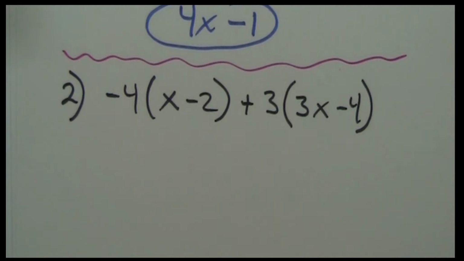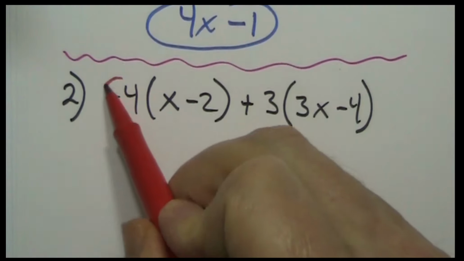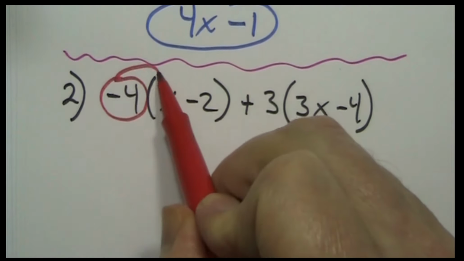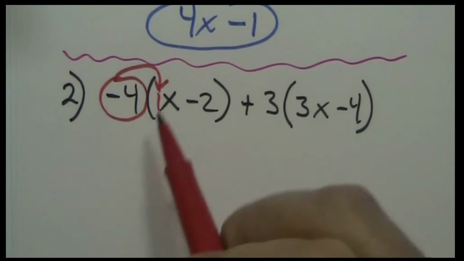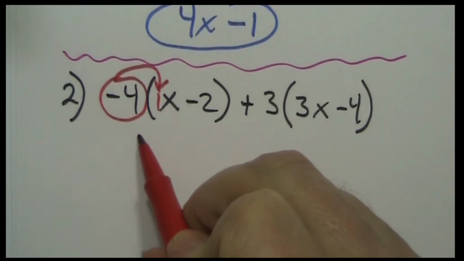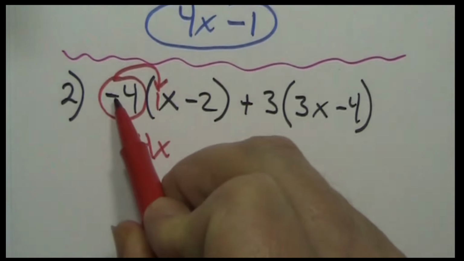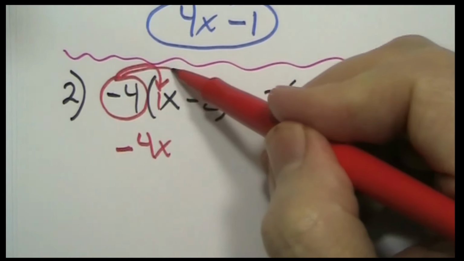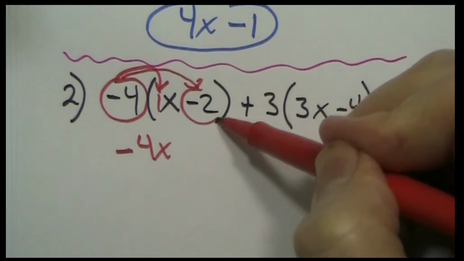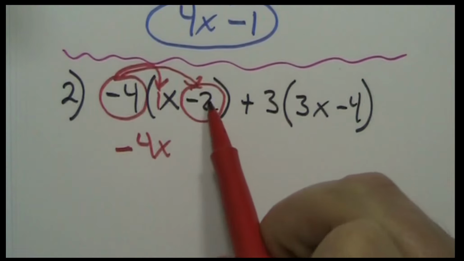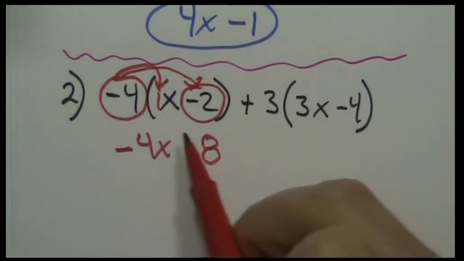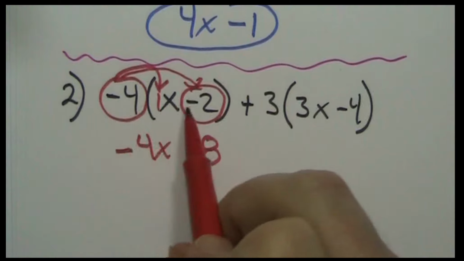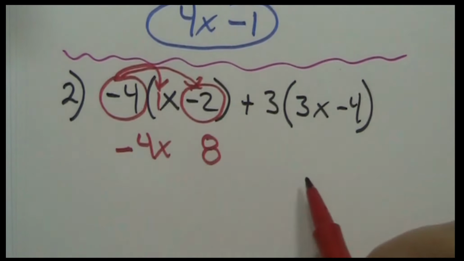So take the outside times the inside. So I'll take this. That's the invisible 1 right there. 4 times 1 is 4. And there's one negative. Then I need to multiply by negative 2. 4 times 2 is 8. 2 negatives cancel when multiplying. We're multiplying, 2 negatives cancel.